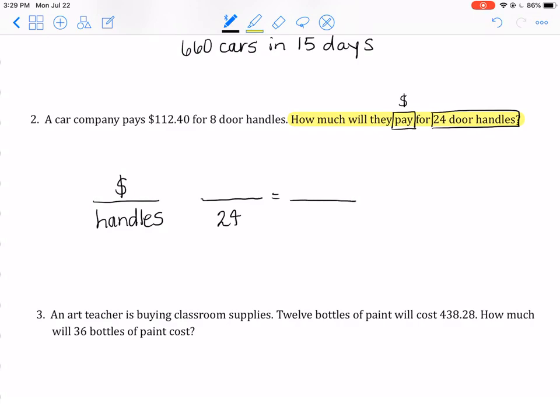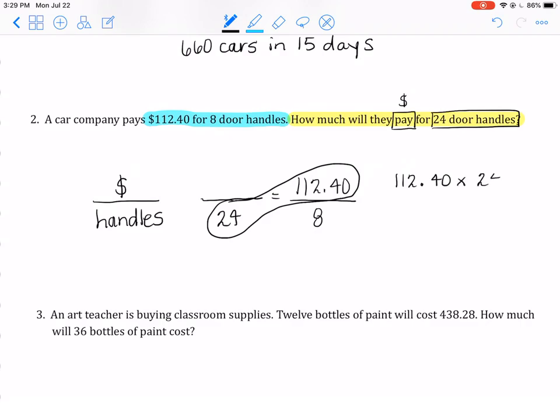And then let's back up in the problem to get the given ratio. And right there it is. Dollars and handles. 112.40 over 8. And if you know how to solve a proportion, you're in business. 112.40 times 24.